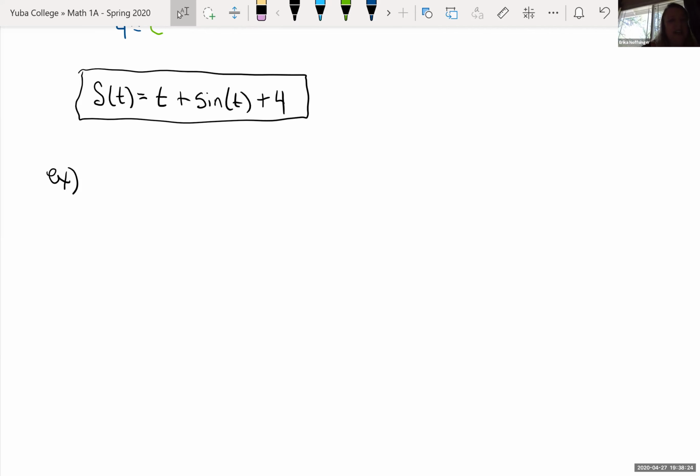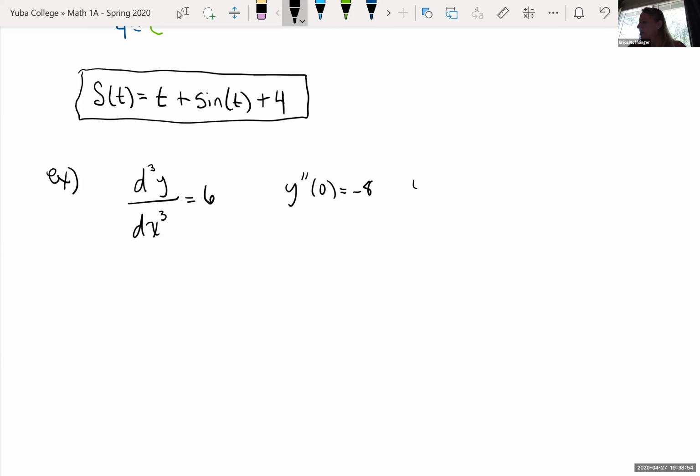What if you were given d cubed y over dx cubed equals 6? You were given that y double prime of 0 equals negative 8, y prime of 0 is equal to 0, and y of 0 is 5.